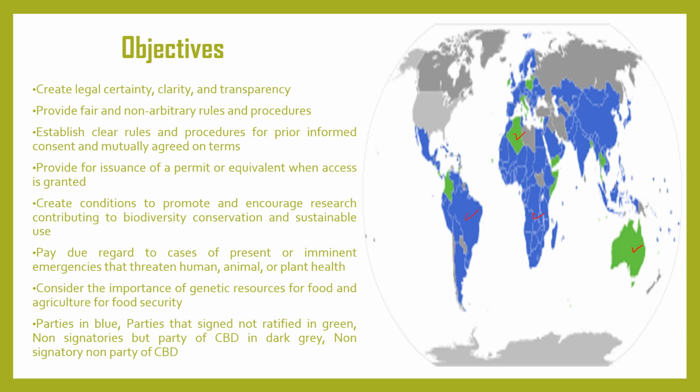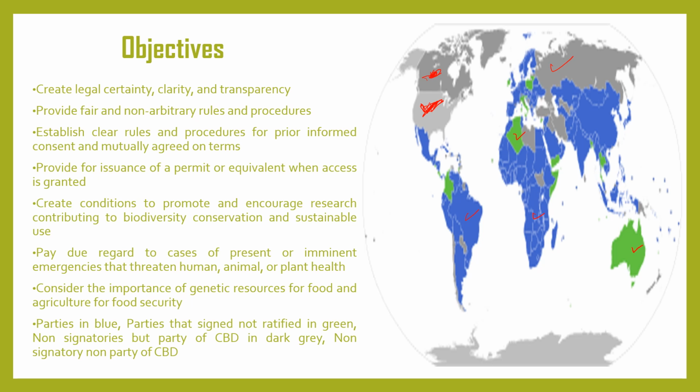We see that the USA, Canada, and China are not a part of this. That is, they have not signed it. Canada is a party of the CBD but has not signed, and the US is a non-signatory, so there is no question of ratification either.